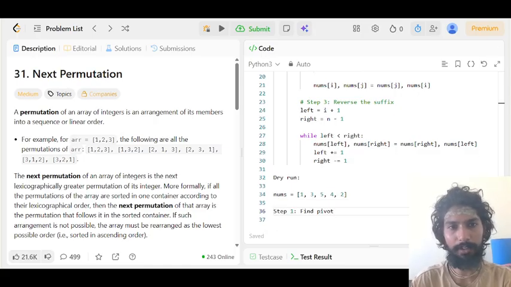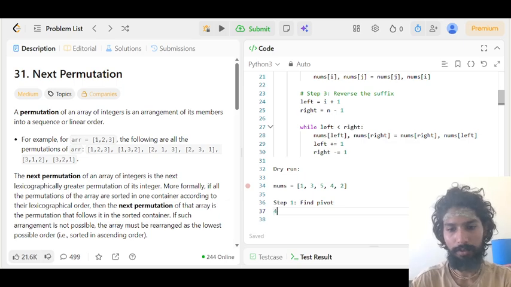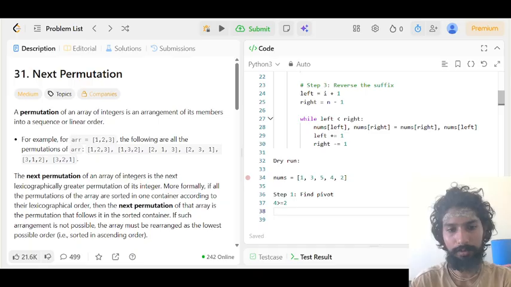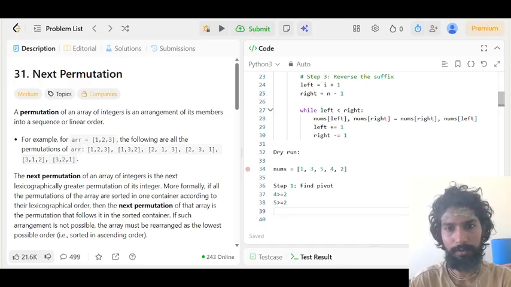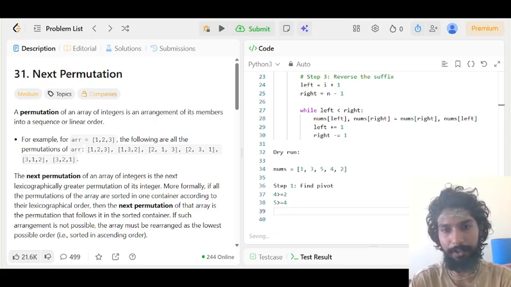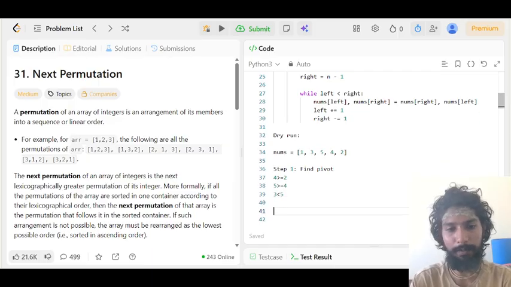So 4 is greater than or equal to 2, 4 greater than or equal to 2, 5 greater than or equal to 2, 5 greater than or equal to 4, we check the adjacent numbers. Now 3 is less than 5, so 3 is our pivot. Pivot equal to 3.